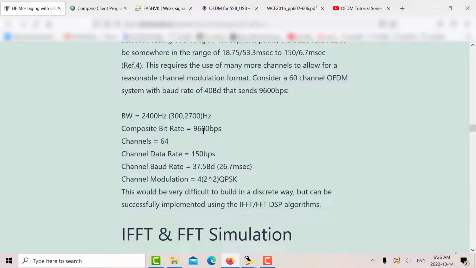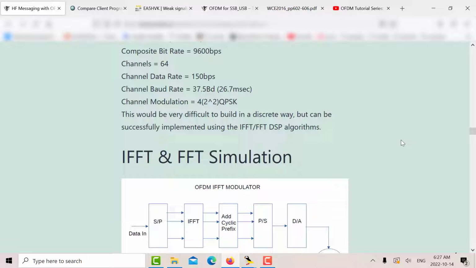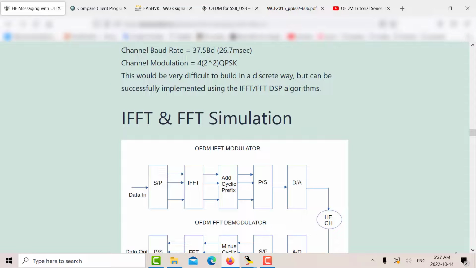So if I had 9600 bps coming in and I had 64 channels, which is more practical than 8, since 8 wouldn't do the job, that would mean a channel data rate of 150 bits per second. If I choose, let's say, QPSK, that works out to 37.5 baud or 26.7 milliseconds, which is the type of symbol time that you need to overcome the multipath fading. Now there's two great references I looked into.